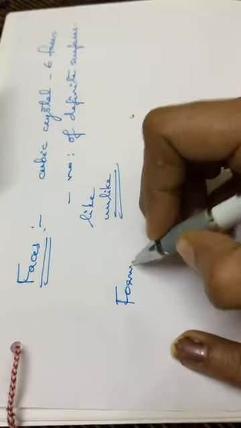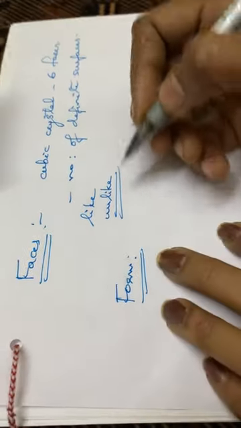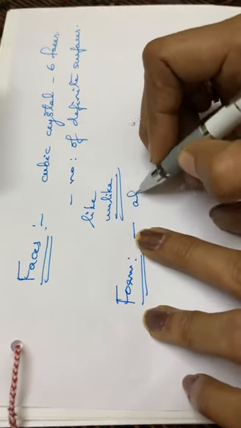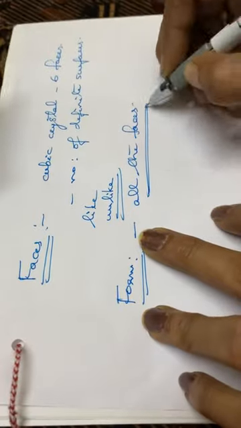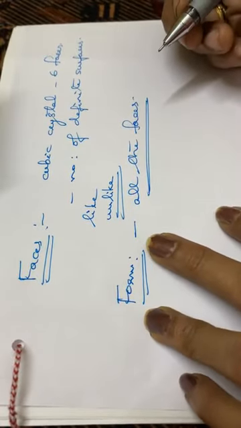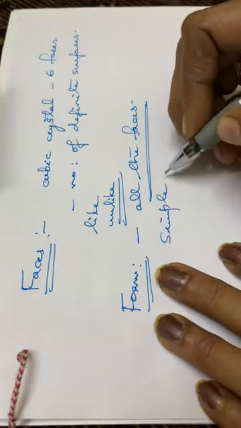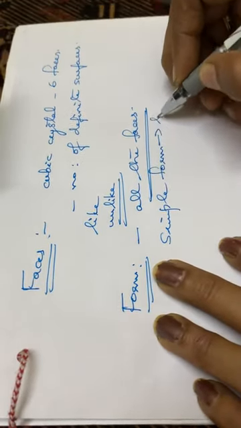The next feature of a crystal is the form of a crystal. Form means all the faces of a crystal constitute a form of the crystal.